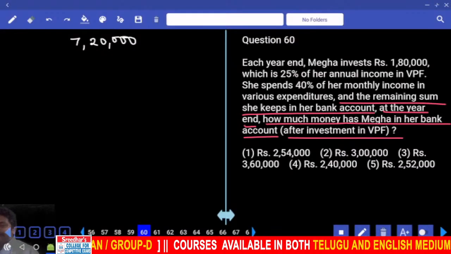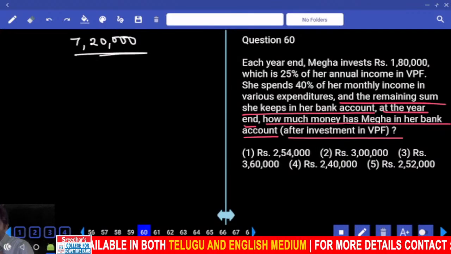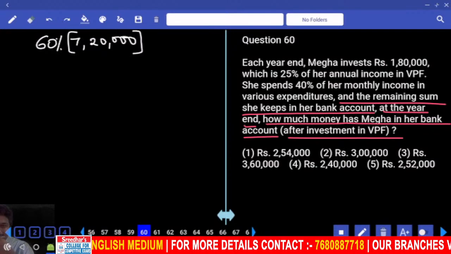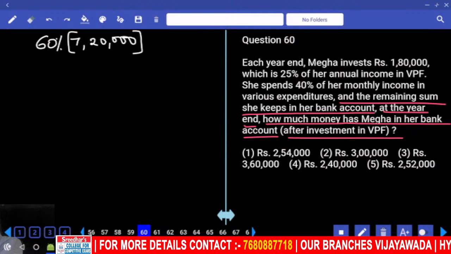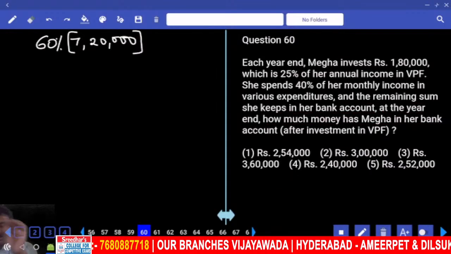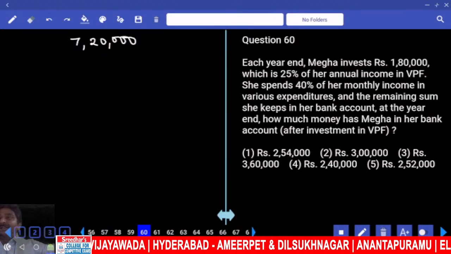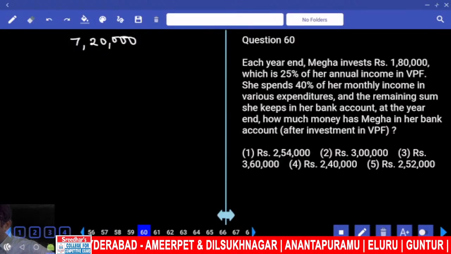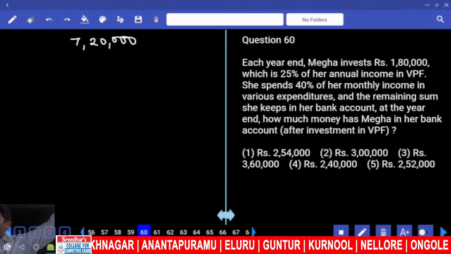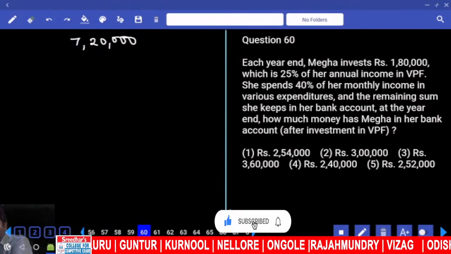See, first of all, how much is she spending? 40% of this number only. Then the remaining money is equal to 60%. I want to play with percentage. How much money is going to expenditure? 40%. Correct? How much is she investing in VPF? Your first statement is that only. How much percent? 25%.